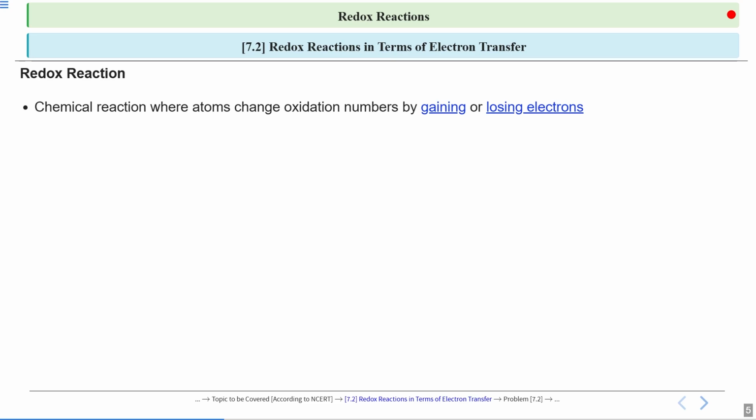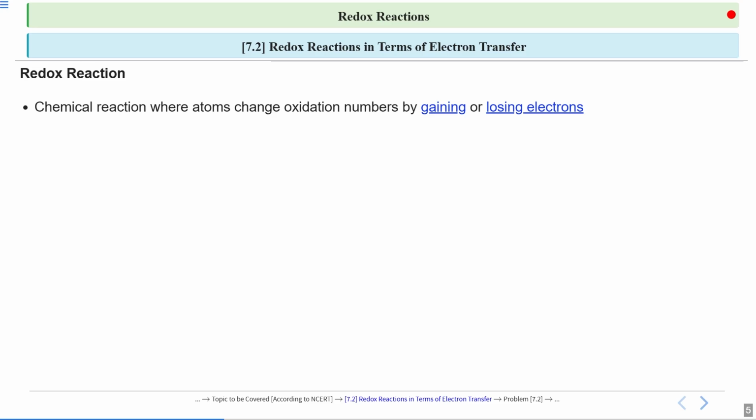So what would happen there? First of all, the oxidation would occur in which the loss of electrons will take place. And then there would be the reduction. That means those particular electrons would be accepted by a species, and that loss and gain of electrons would result in the change in oxidation number.